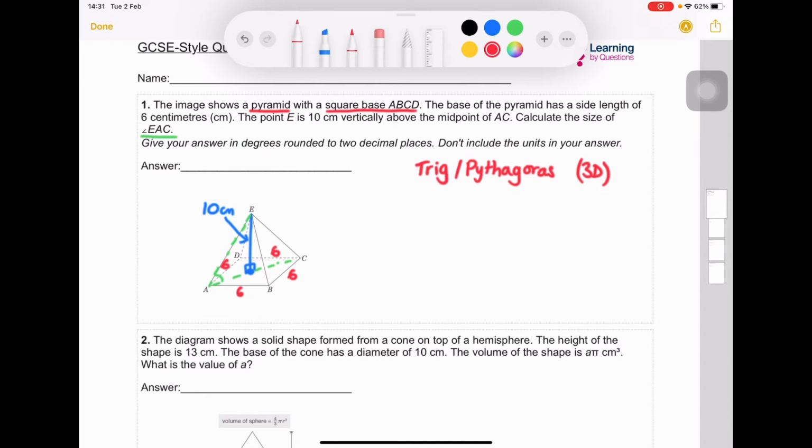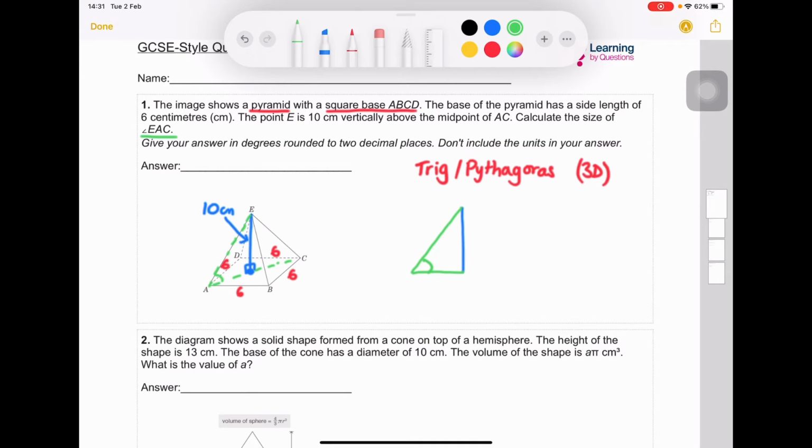Alright, what I'm going to do is draw this right angle triangle again here. And we need to work out this angle.